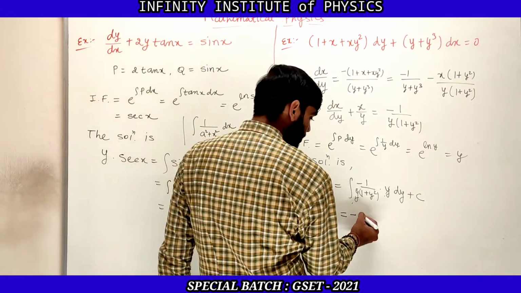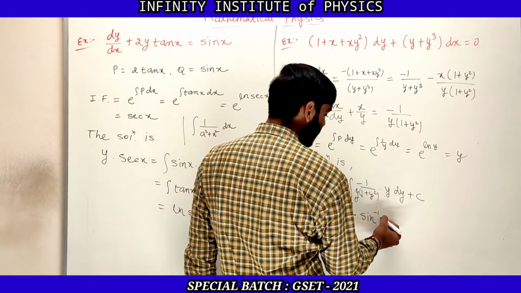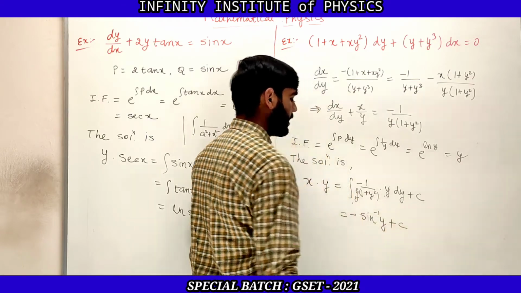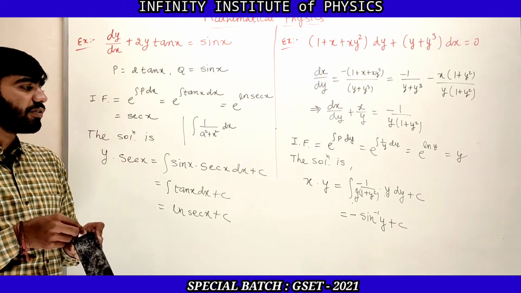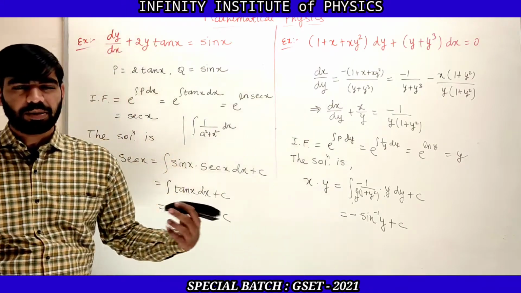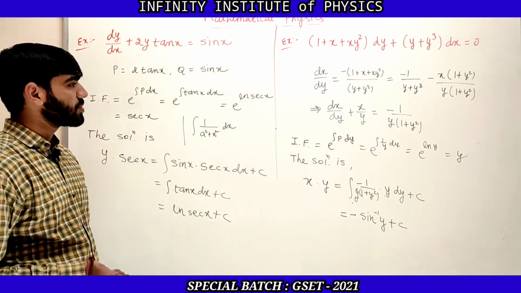So it is minus tan inverse y plus c, and this is the solution of the given differential equation. You can take that y on the right hand side, so it will be minus tan inverse y plus c by y. That depends on you.